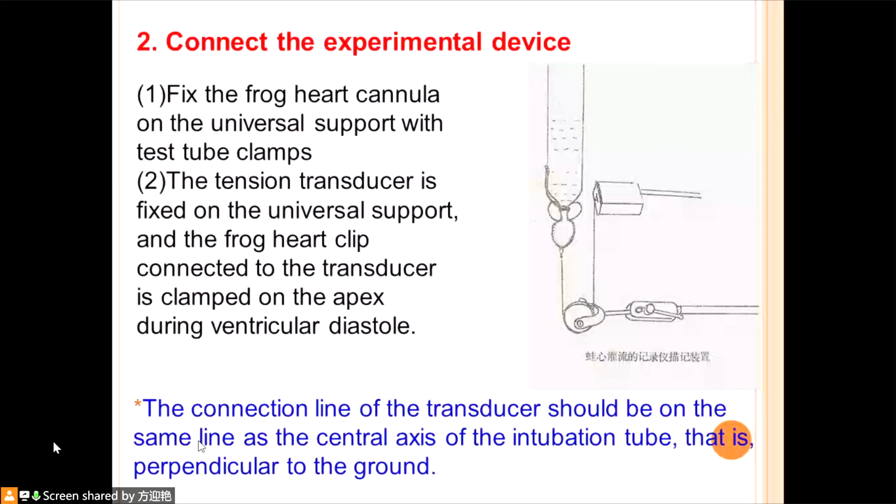The conduction line on the transducer should be on the same line as the control axis and the upstream tube. It means that when the solution is at the same height, we can compare the different drugs and know the change from normal.